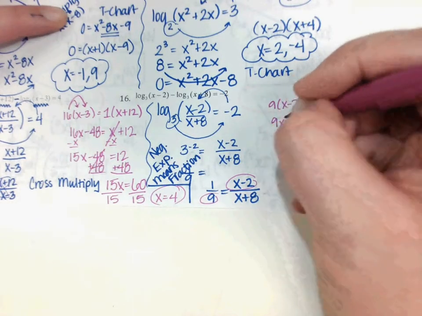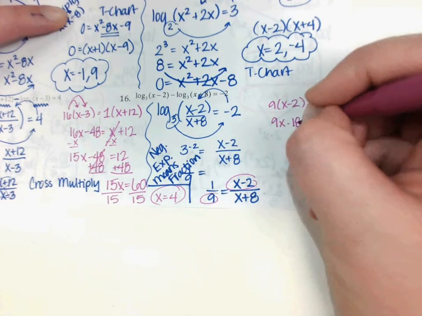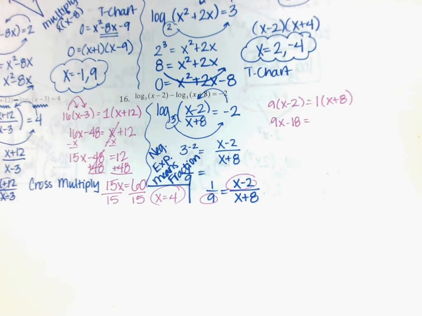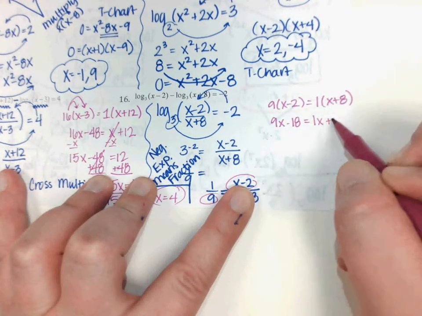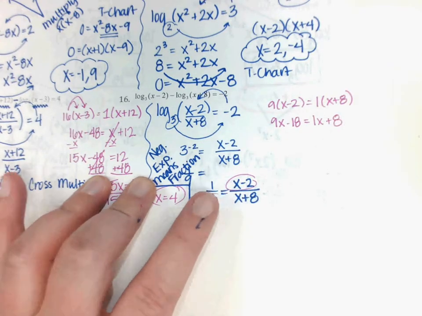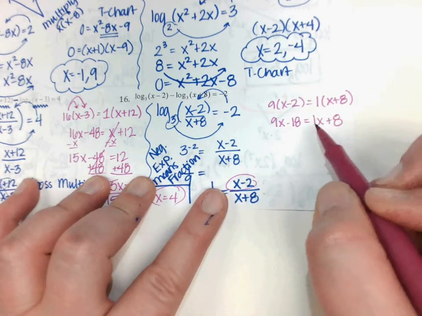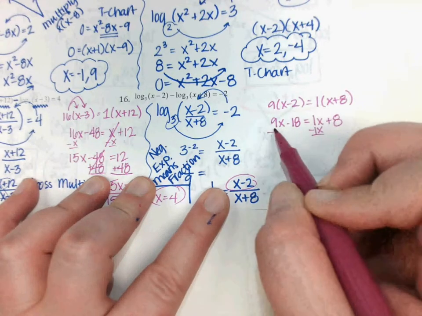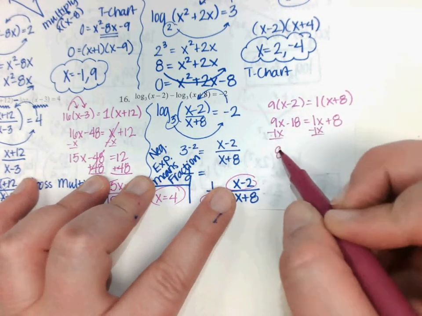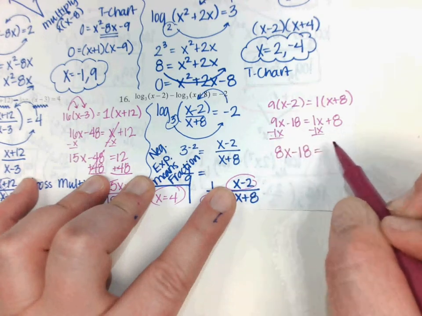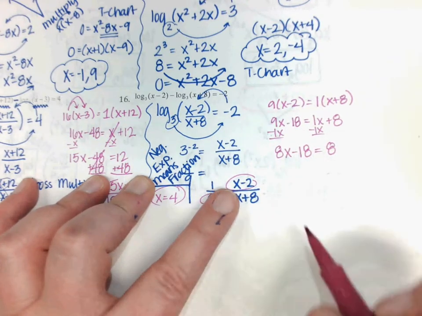What's 9 times minus 2? Minus 18. Then on the one side, 1 times x is 1x. 1 times 8 is 8. What's my next step after that? Bring the baby to the mama. So minus the 1x over. What's 9x if I take 1 away? 8x minus 18.